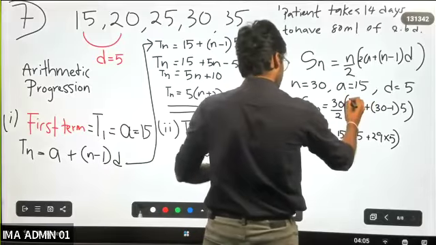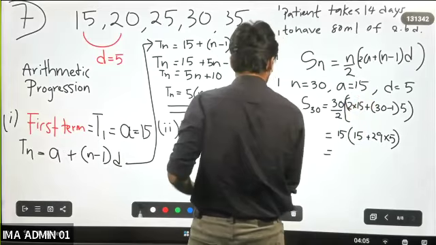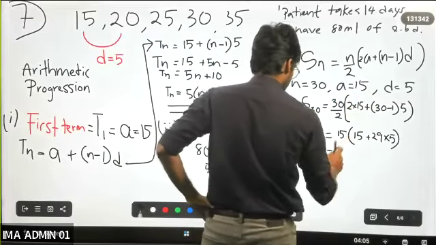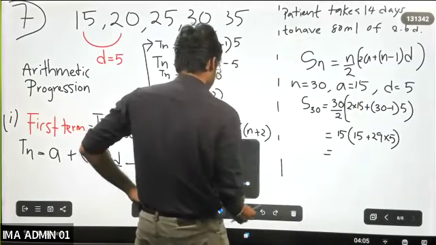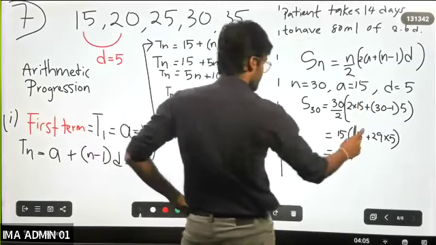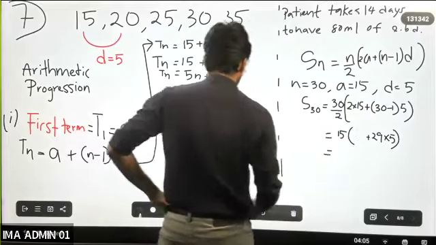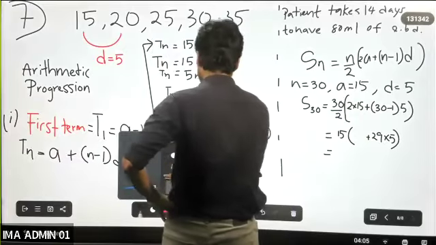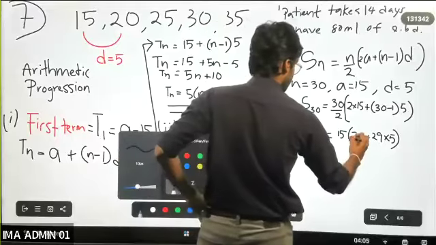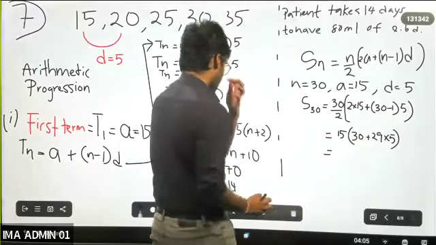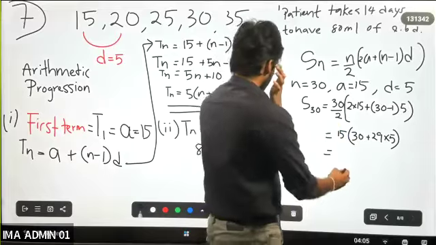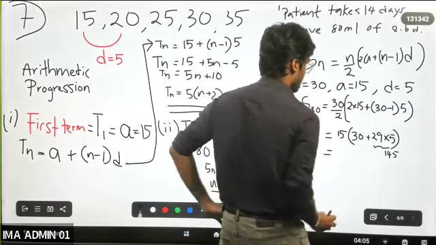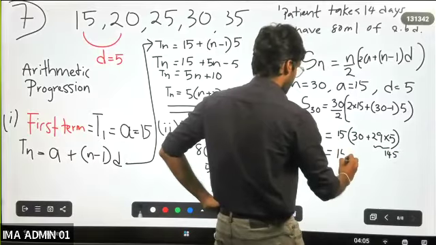So this is a separate term, right? 2 by 5, which then comes to 30. Then 145 here. 45, 175.